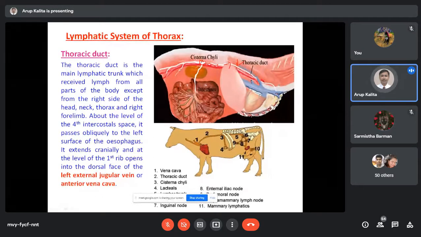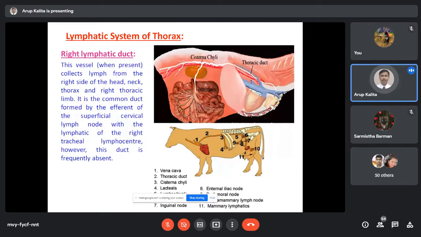And when it enters into the thoracic cavity, it is called thoracic duct. This thoracic duct joins with the anterior vena cava or left external jugular vein and ultimately pours into the right atrium. So this is the largest lymphatic duct of the body, thoracic duct.